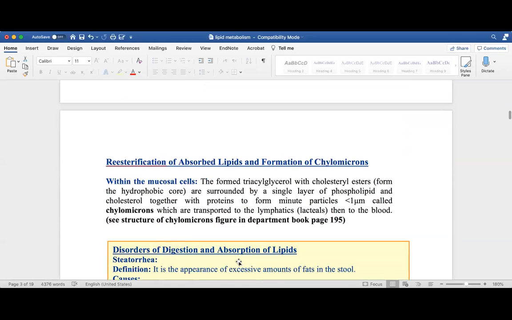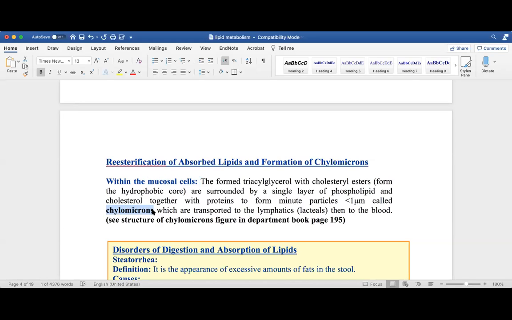What will happen in the wall of the intestine? The wall contains the mucosal cells. If you take histology, we have another type of cell called serosal cells or basal cells. We have different types of cells in the wall of the intestine. Inside the mucosal cell, chylomicrons will be synthesized. You are going to study the structure of the chylomicron in detail in the course of lipid metabolism.